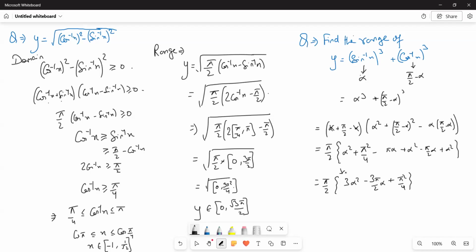Alpha is not an ideal variable, so we'll have to take the route of completing the perfect squares. So start with 3 commonly here. So we'll have alpha square minus pi by 2 alpha plus pi square by 12.